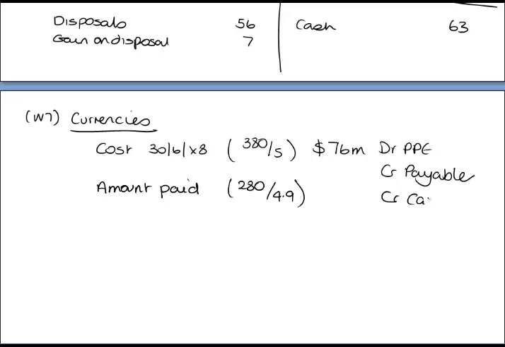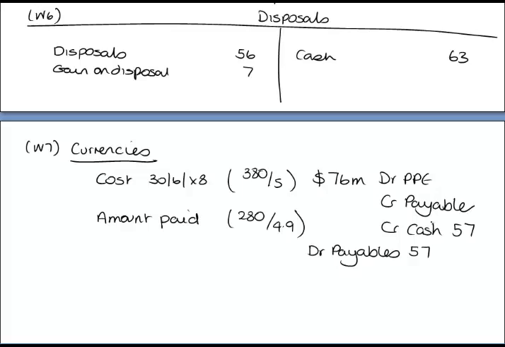So this is going to be credit cash, $57 million, debit payables, $57 million. So can you see we've got an adjustment to make?